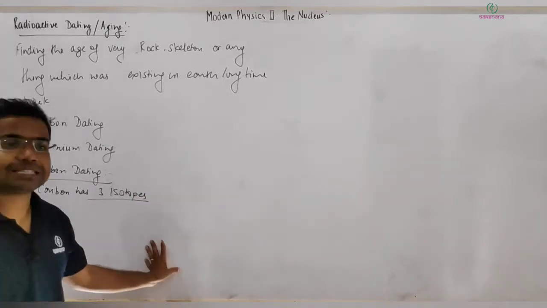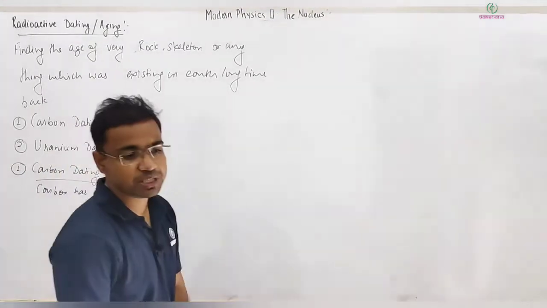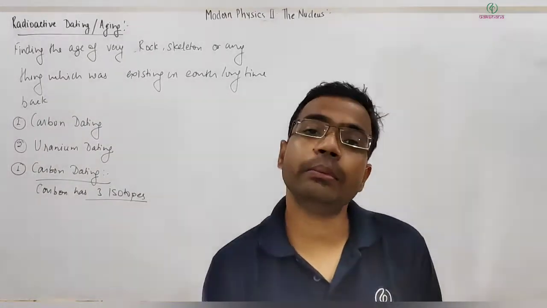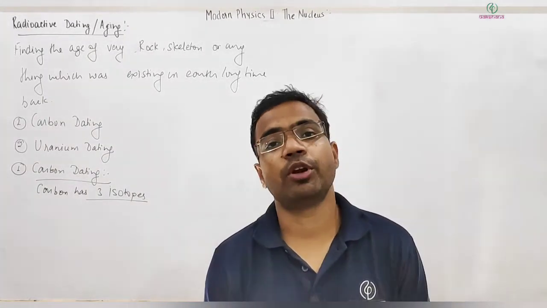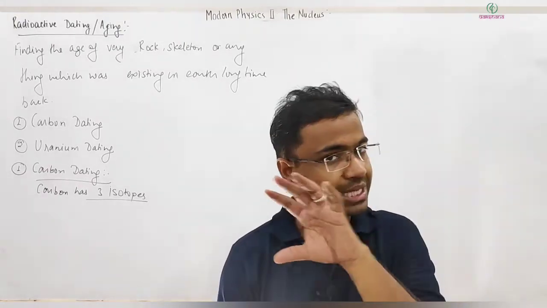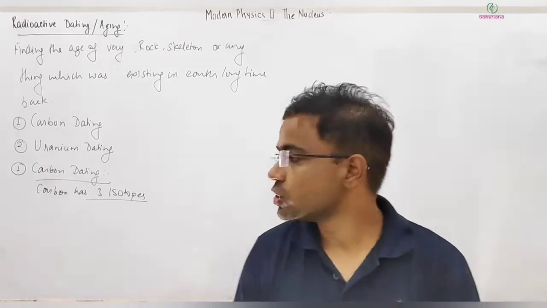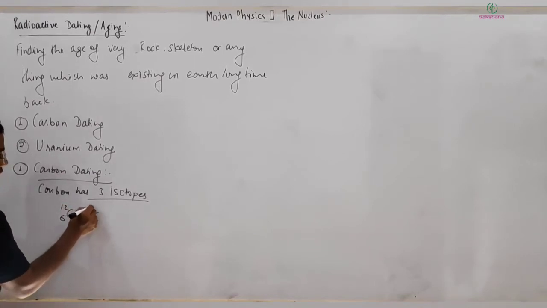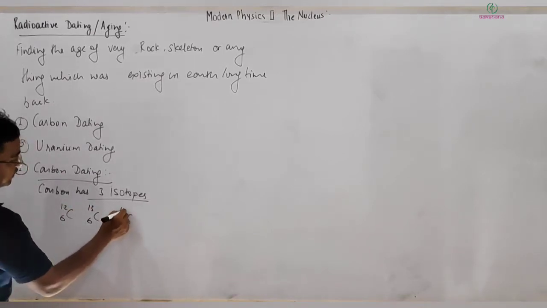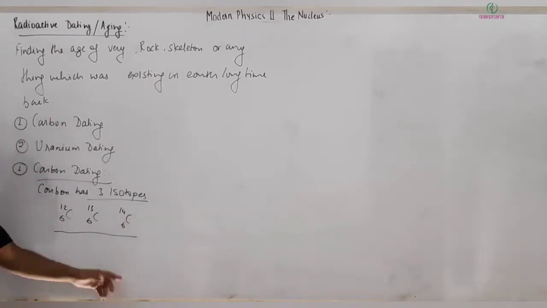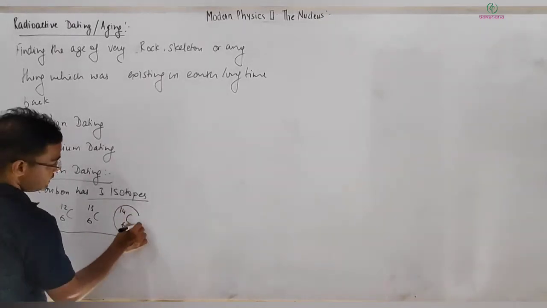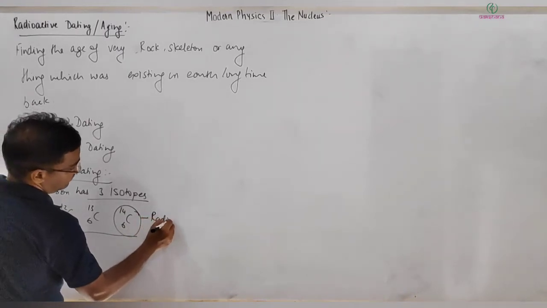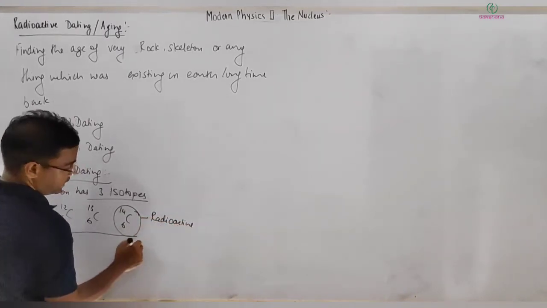Isotopes are elements having the same atomic number, or the same number of protons, but different mass numbers. Carbon has three isotopes, with atomic number always 6: carbon 6, 12, carbon 6, 13 and carbon 6, 14. Out of these three carbon isotopes, carbon 14 is the radioactive carbon isotope.